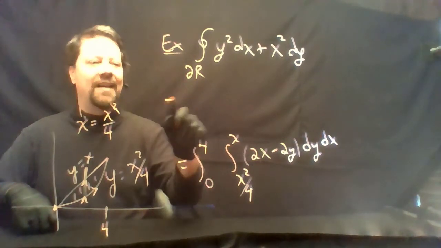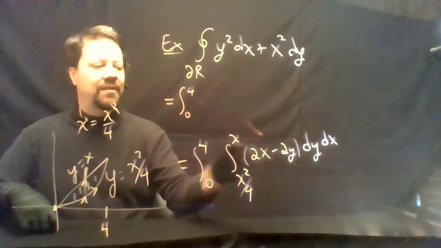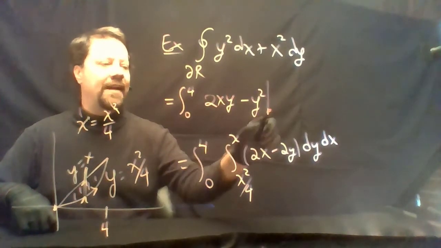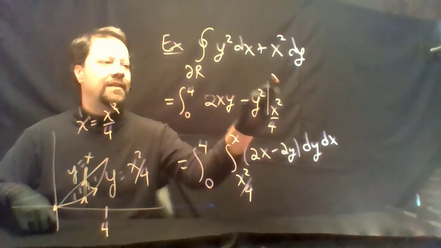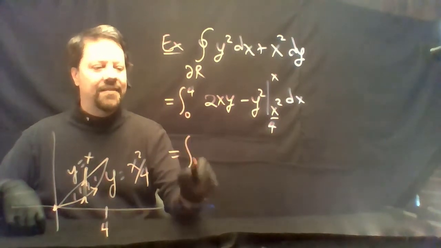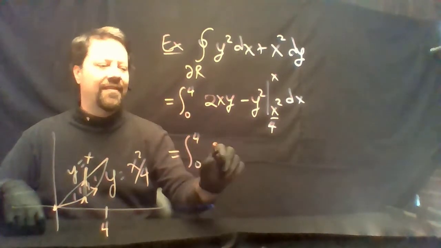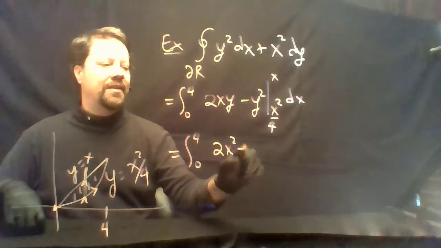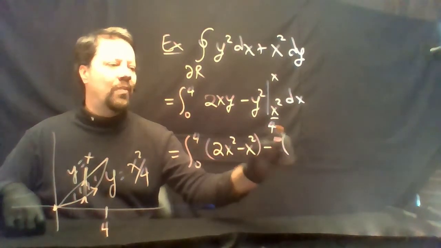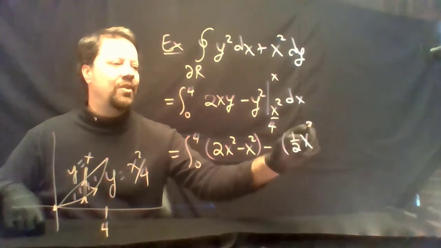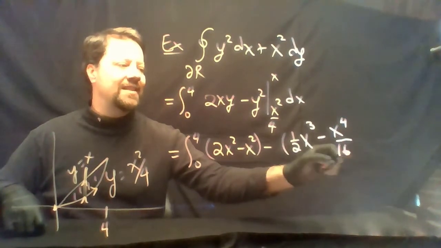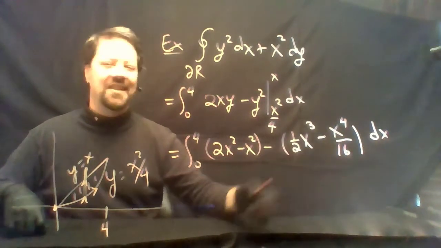Integrating with respect to y, we'll have 2xy minus y squared evaluated from x squared over 4 to x dx. This gives us the integral from 0 to 4 of 2x squared minus x squared minus 1/2 x cubed minus x to the 4th over 16 dx.